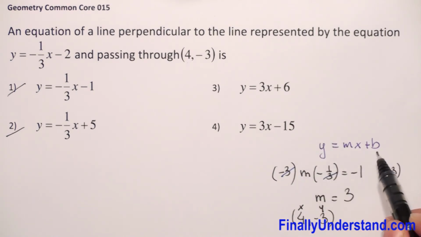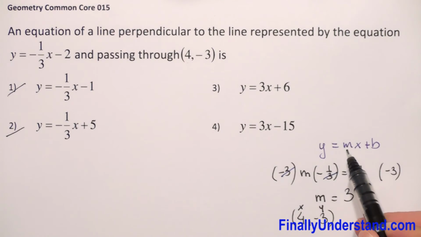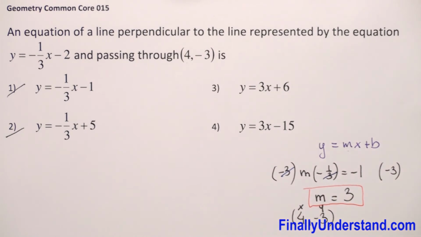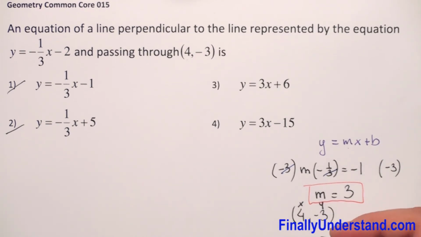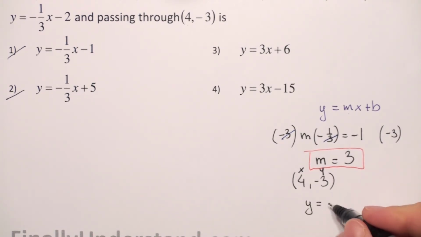To find b, we just substitute into the general form of our equation y, x, and we calculate the m. M is 3. So let me rewrite our equation. We have y equals, m we substitute by 3, x we copy, plus b.